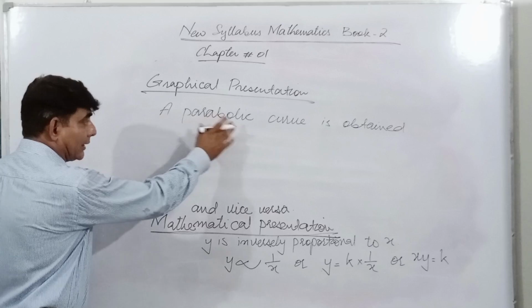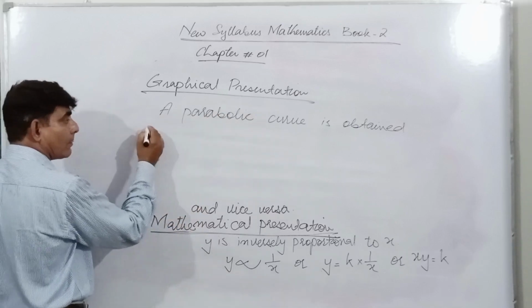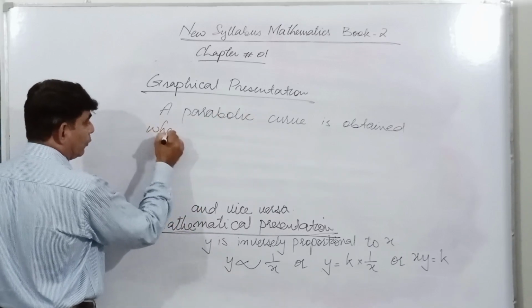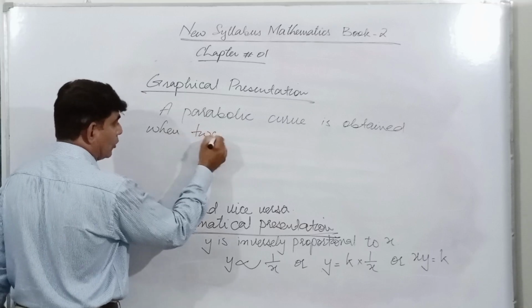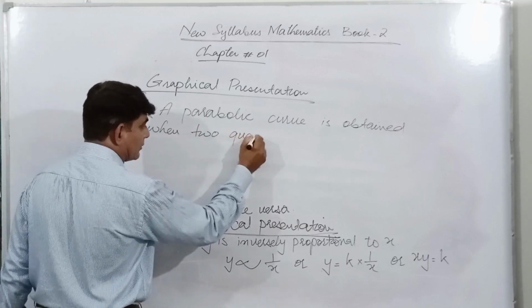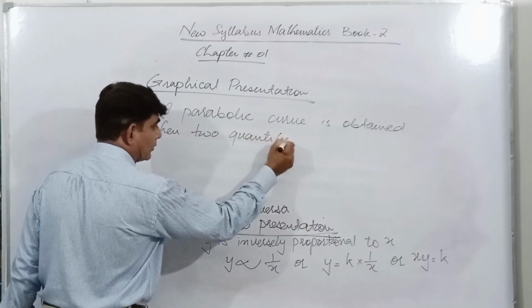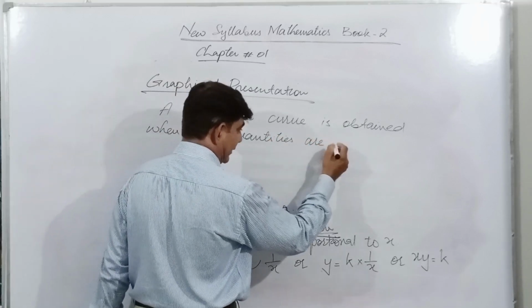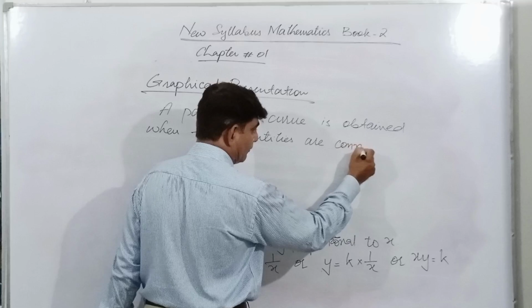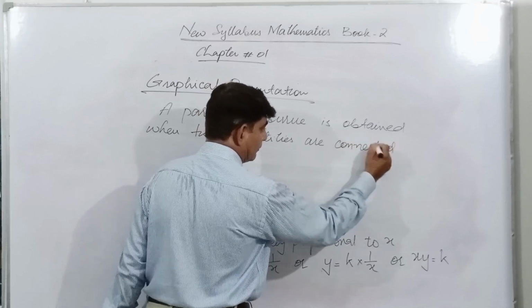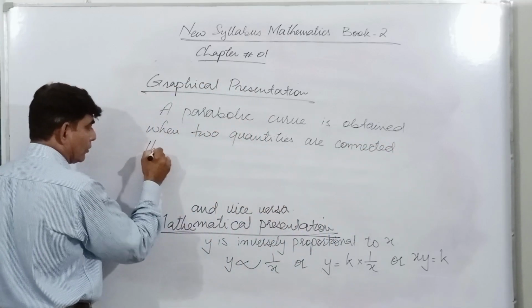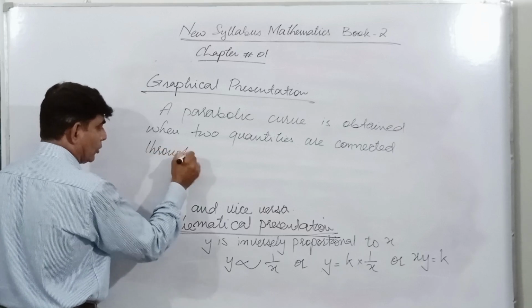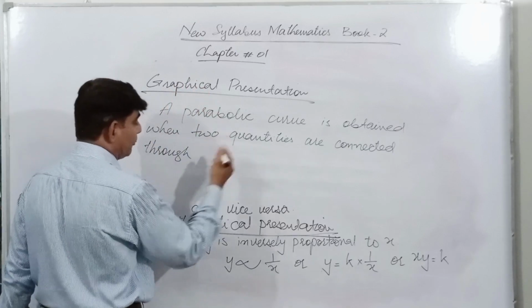A parabolic curve is obtained when two quantities are connected through inverse proportionality.